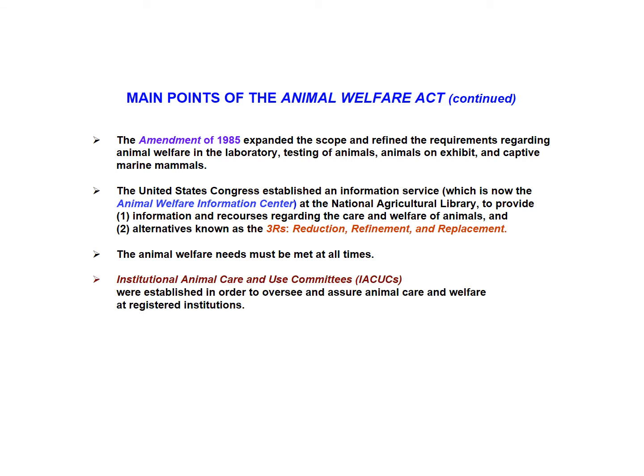One of the ways that this need can be addressed is the establishment of committees known as Institutional Animal Care and Use Committees, abbreviated IACUCs. These committees were established in order to oversee and assure proper animal care and animal welfare at registered institutions.